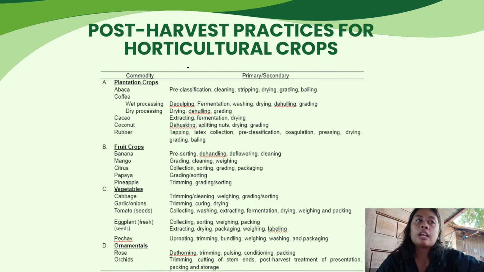Here, usually bananas, mango, and citrus go through sorting, cleaning, and grading. Next is vegetables. We have garlic, tomatoes, and etc. Next is ornamentals. These are flowers such as roses, which go through what is called de-thorning or pulsing.